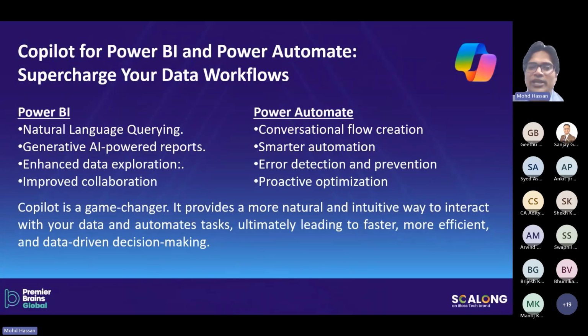Likewise, for Power Automate, it has conversational flow creation, smarter automation, error detection and prevention, and proactive optimization. It is one of Microsoft's latest AI assistants, designed to enhance the Microsoft frameworks, making data analysis and Power Automation more efficient and intuitive.